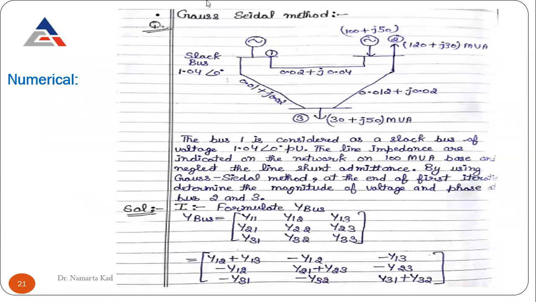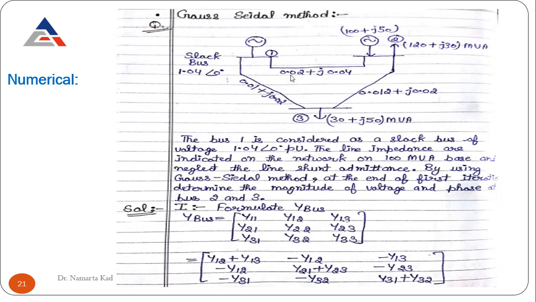So this is the numerical. It is a 3-bus system: bus number 1, bus number 2, and bus number 3. Bus number 1 is considered as a slack bus where the voltage and angle are given. And this is the data for the transmission lines.